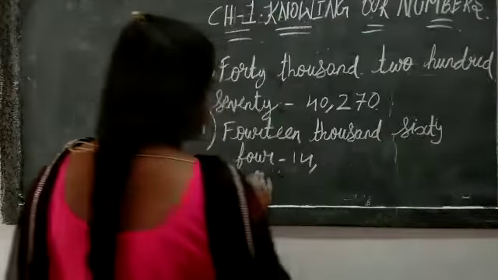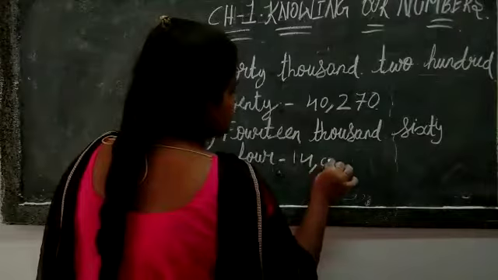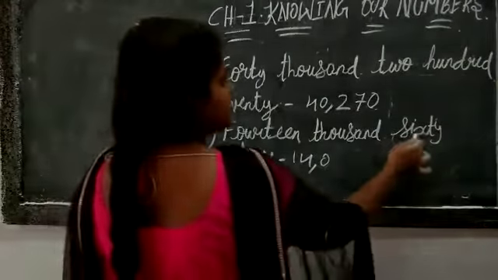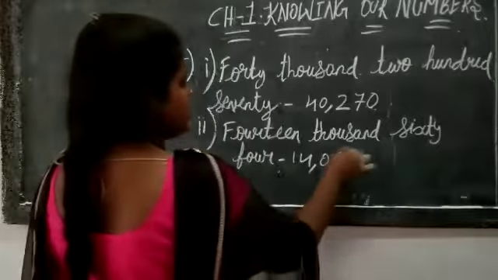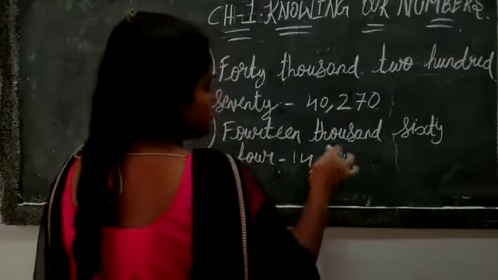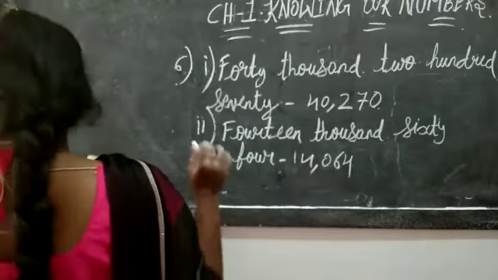Now 64. Here you can see hundreds place is not there, so in hundreds place you get 0. 64 is your ones and tens. So 14,064 is your answer.